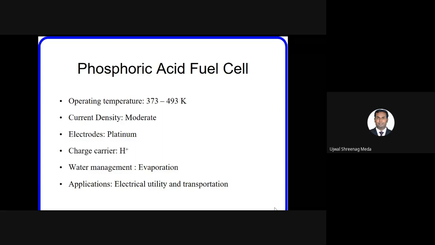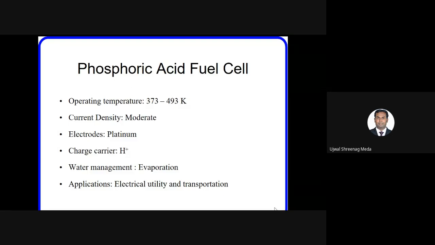Coming to the applications, here it is electrical utility and transportation, so it's grid power generation. Phosphoric acid is mainly used for grid power generation, but there are few examples where it was used for transportation as well. And applications in case of alkaline fuel cell are space and military applications. Soon we are going to learn more about advantages and disadvantages of phosphoric acid fuel cell as well.